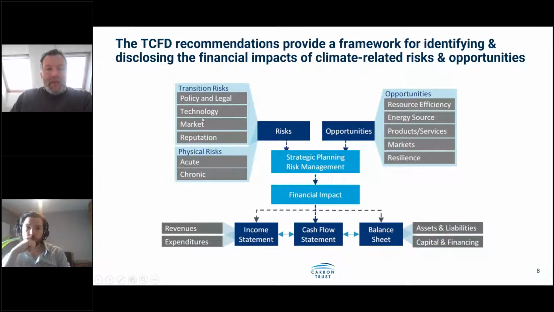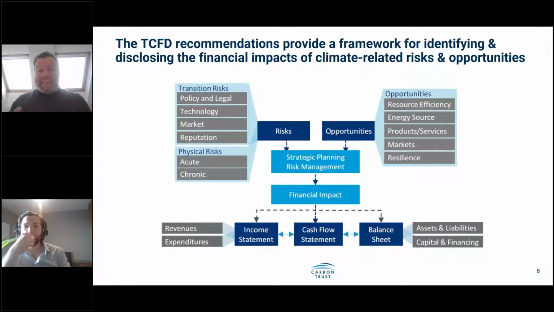This is the model that you can use to try and translate this external changing environment and see how it has an impact on your business, whether it's on revenues, your costs and expenditures, whether it affects your assets and liabilities, whether it affects how your business is financed and the capital that you use to create value.